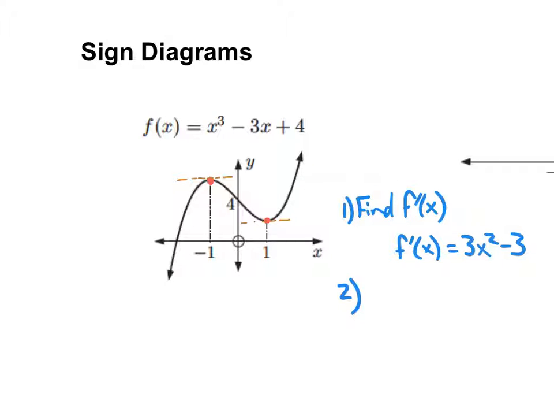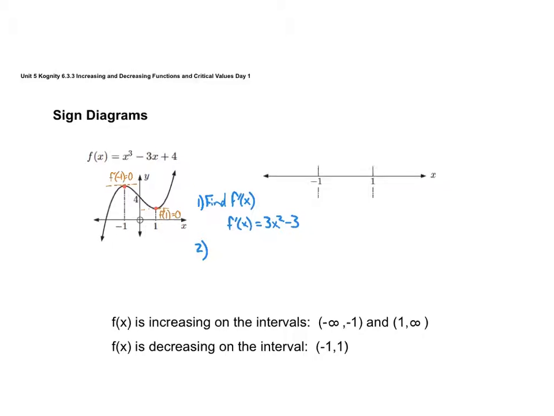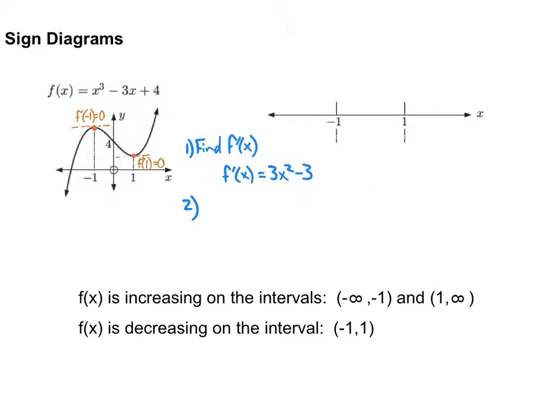So I know that f prime of negative 1 equals 0, and I know that f prime of 1 equals 0. Now, how do we prove that? Well, that's where step 2 comes in. I wouldn't know the numbers already. I would just have the equation.